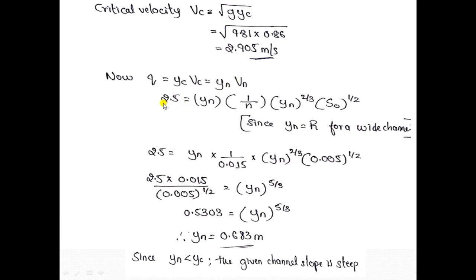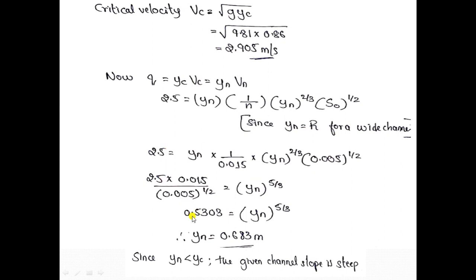Here q is equal to yn vn, this is in fact the modified continuity equation. Yn I have written as it is. In place of Vn, I have used Manning's formula, 1 by n yn raised to 2 by 3 s naught raised to 1 by 2. Here in place of hydraulic mean radius r, I have replaced it by yn, that is for a wide channel.